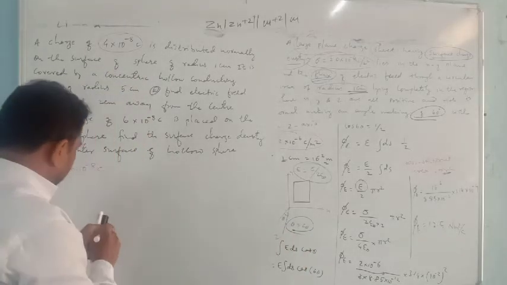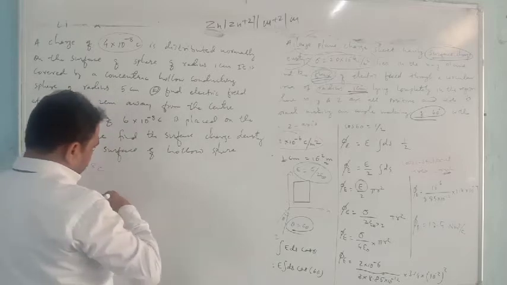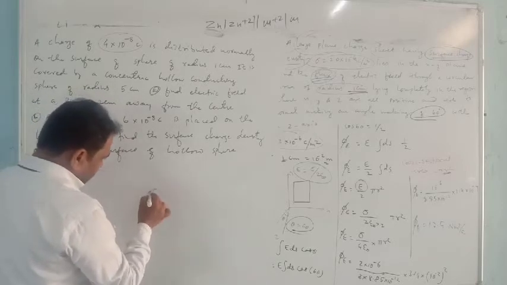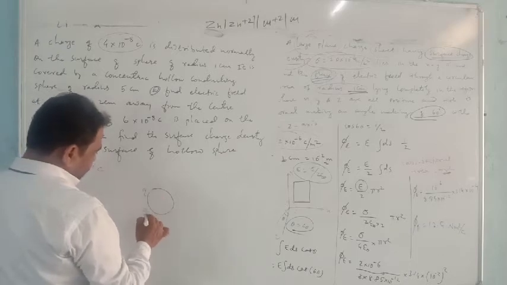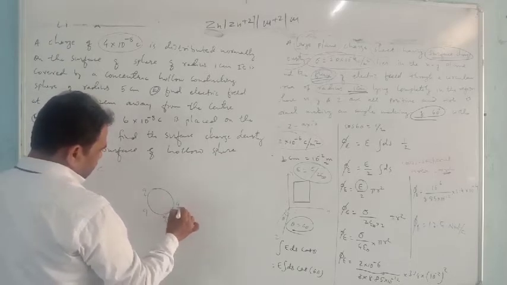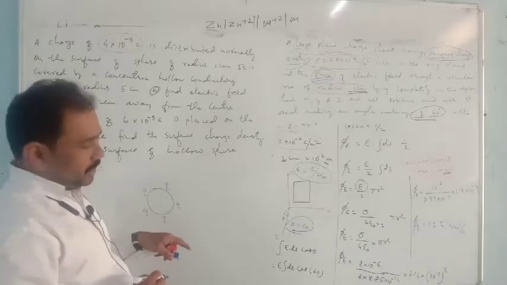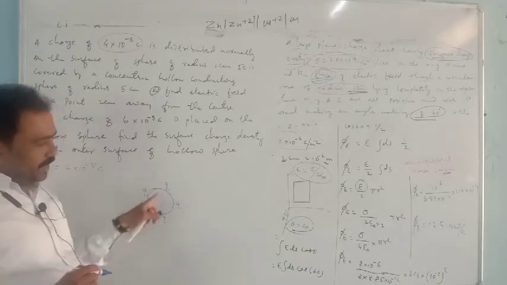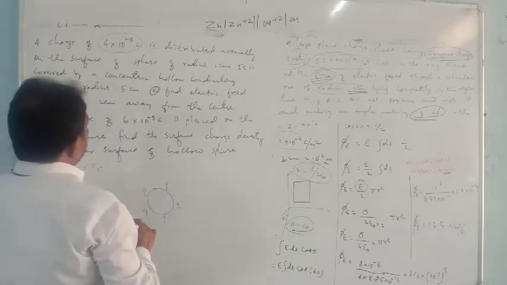So if we consider a sphere, we can draw here one sphere like this, and on that sphere this Q is distributed.